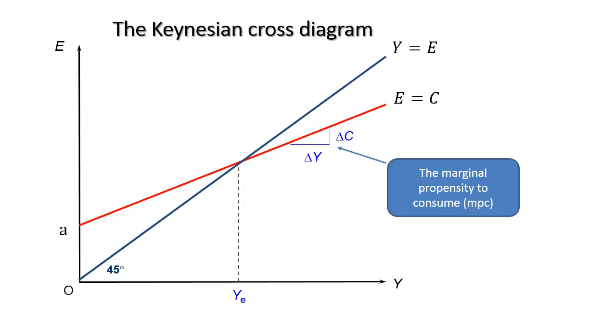And that equilibrium level of income is shown here as YE, where the expenditure function crosses the equilibrium condition. Remember that the slope of the expenditure function is also the marginal propensity to consume. It's the change in consumption that we get as a result of a change in income, Y.